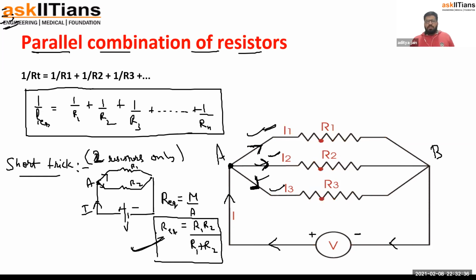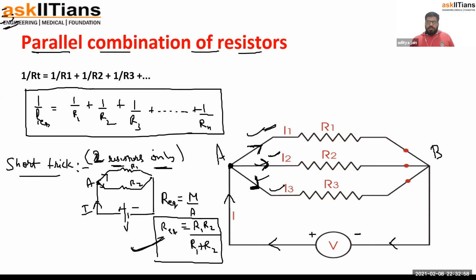It is a time saving trick, that's why I'm calling it a short trick. R equivalent equals multiplication over addition. And remember, this trick is valid only for two resistors, not more than two, not less than two.